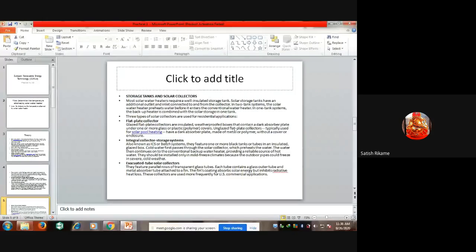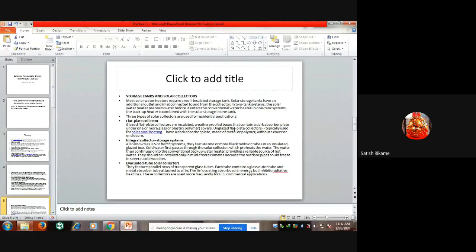Here the different types of collectors are shown: the flat plate collector, the integral collector storage system, and the evacuated tube solar collector. Nowadays, in solar water systems at individuals' homes, we see evacuated tube solar water collectors.